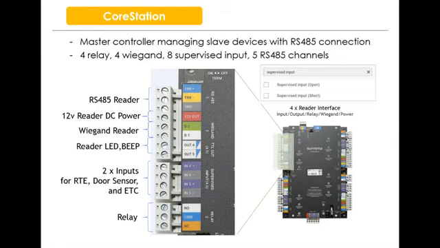A log distinguishing a normal input or shorted input will be logged in the event log, and a device action can be configured accordingly as well. Core Station supports 4 onboard reader ports for both Wiegand and RS485 interface, along with relays, input, and reader power out.